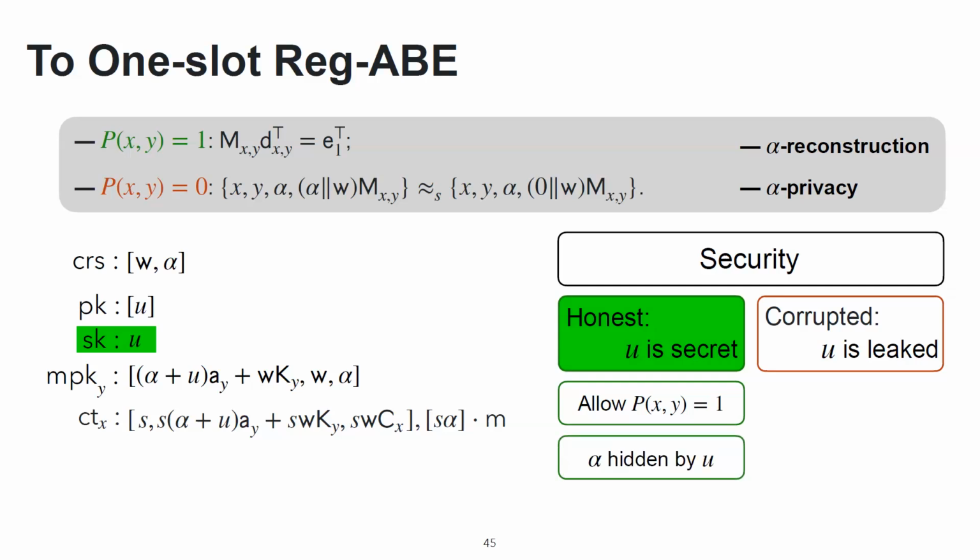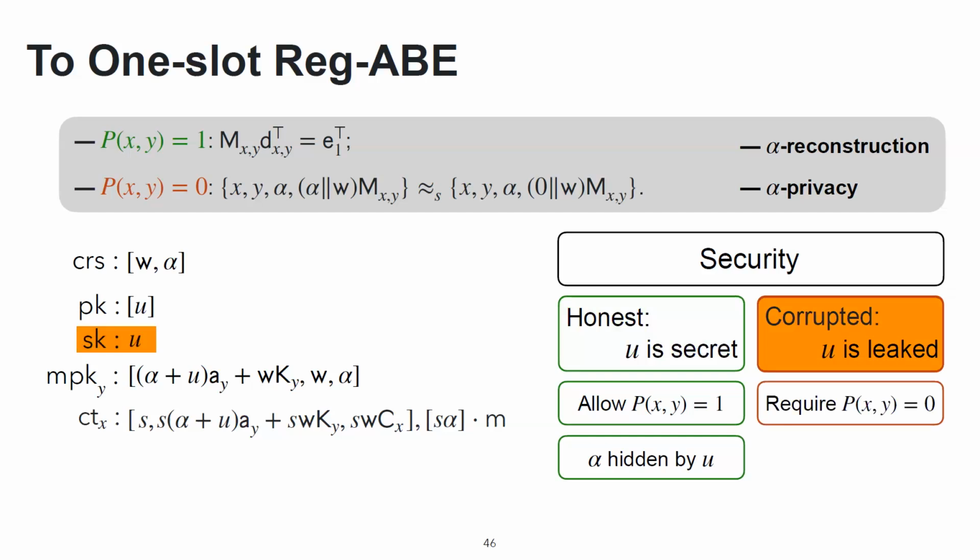In this case, the security is similar to LWE encryption, with the fact that you can hide alpha over the group. In the corrupted case, the secret is leaked and we require the predicate P_XY to equal 0. In this case, the alpha privacy of predicate encodings can hide alpha, and this provides the security of our one-slot registry ABE.